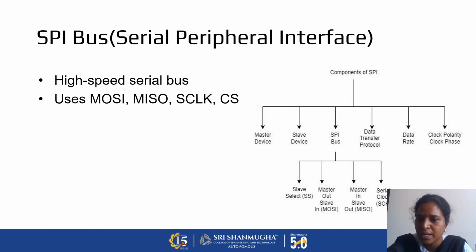The bus can be classified into four types, as shown in the image: data transfer protocol, data rate, clock polarity, and clock phase. These are all the components present in the serial peripheral interface, which is utilized for high speed serial bus communication, and it uses multiple serial and multiple clock signals for transmitting and receiving the data.